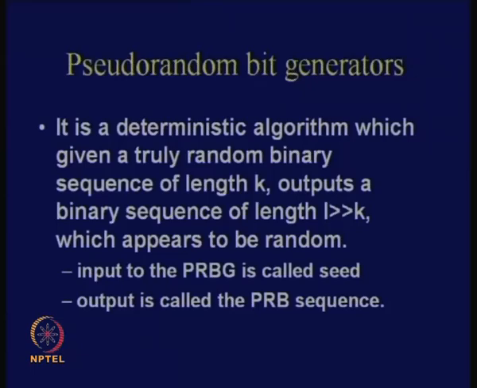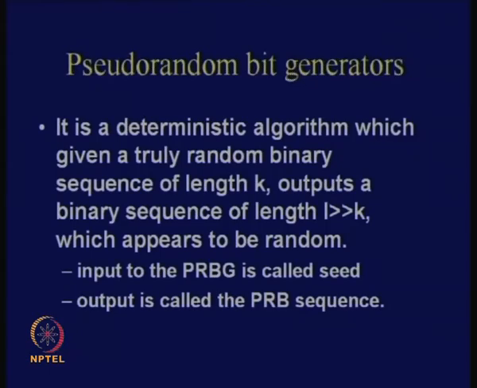So you see that this is actually not a fully random output, because you can easily figure it out. Why? Because in an ideal case, when you are generating a binary sequence of length L, there are 2 to the power of L possibilities. But when you are using a k bit sequence to generate this, out of these 2 to the power of L, you are actually generating only 2 to the power of k.